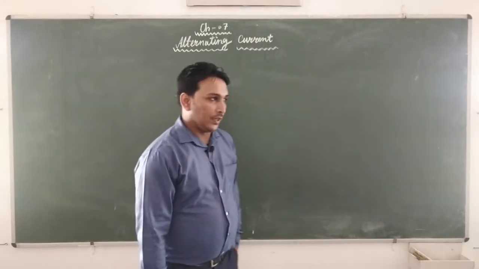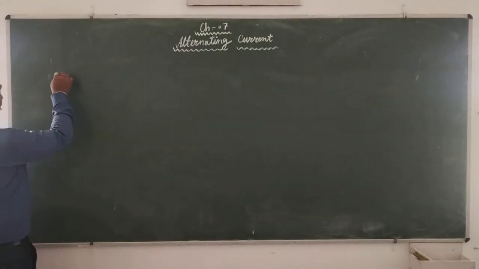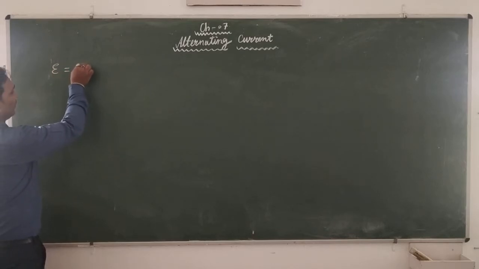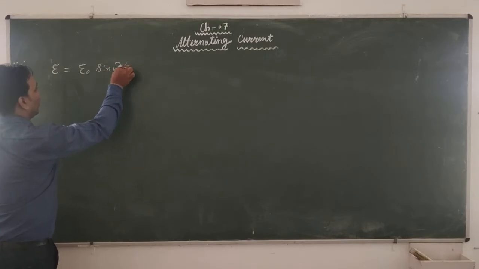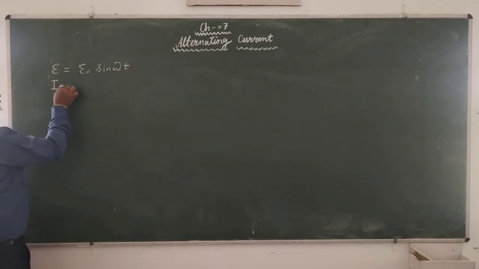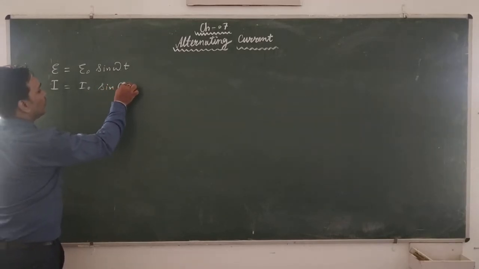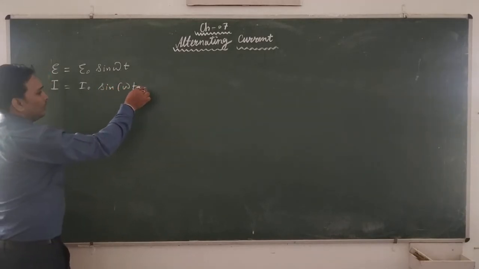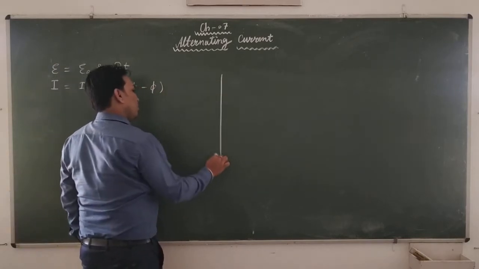So what is a phasor diagram, we discussed in the last lecture. If the alternating EMF is given by E0 sin omega t and the corresponding alternating current is I0 sin(omega t minus phi), how will we show it on the phasor diagram?